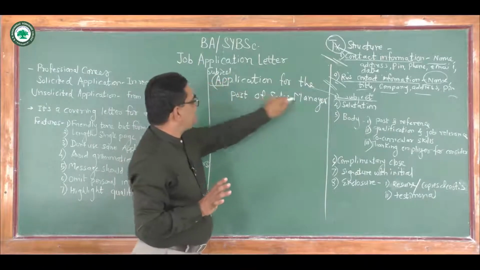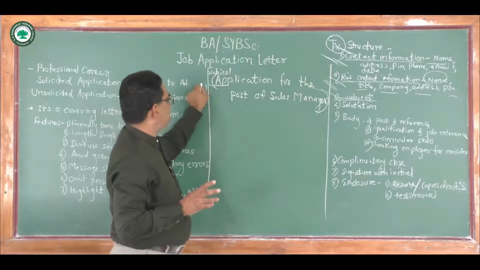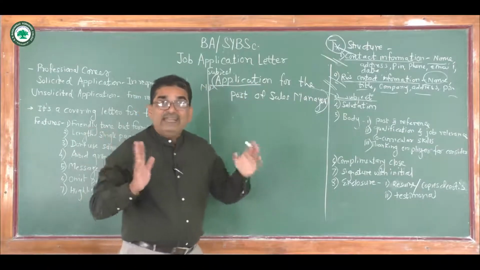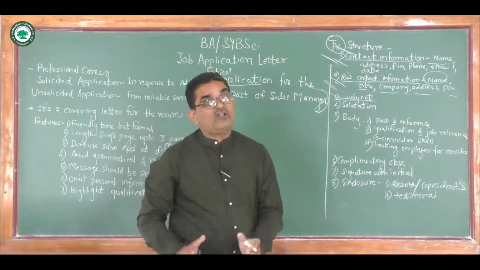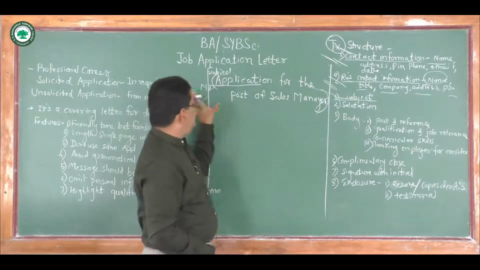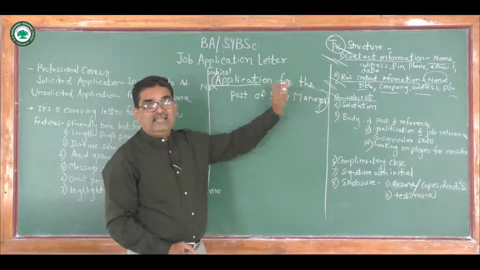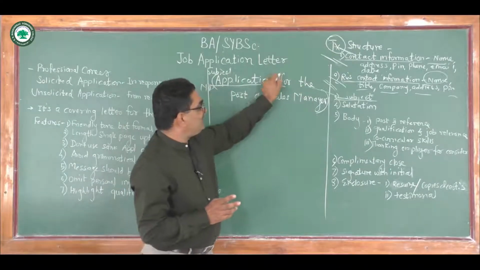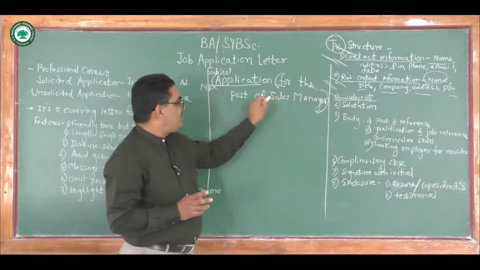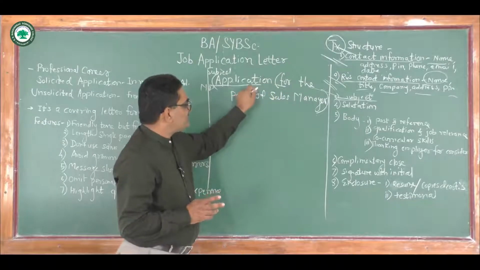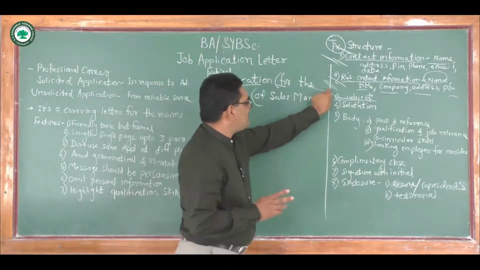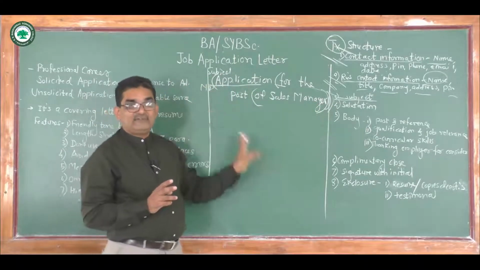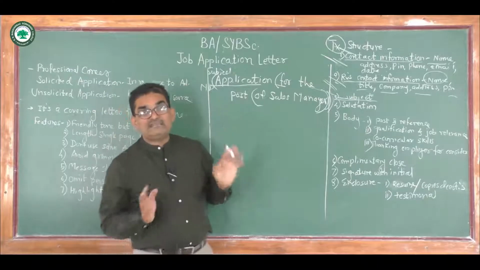It is a noun phrase. This is the head word. This is not an entire sentence or clause; we should remember, this is a noun phrase. Application, for what? For, this is a prepositional phrase again. For the post, which post? Of sales manager. It is not a sentence, it is just a phrase: application for the post of sales manager.